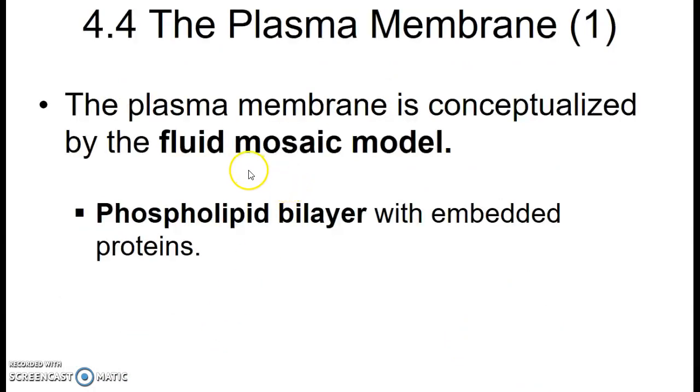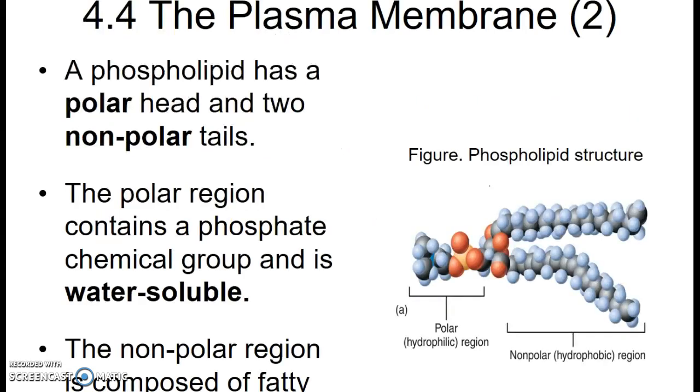Okay, so the way that we think of the structure of the plasma membrane is the fluid mosaic model, which I will let you read about in your book in section 4.4. And also, we talked about this when we were talking about macromolecules, but the main thing making up the plasma membrane is phospholipids, and we call the general structure of the plasma membrane a phospholipid bilayer, and it has proteins embedded in it.